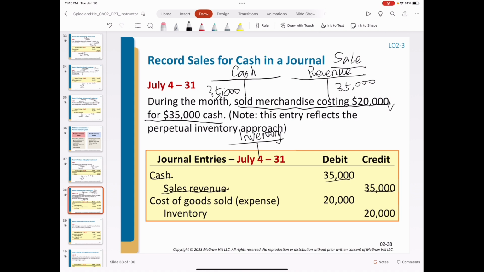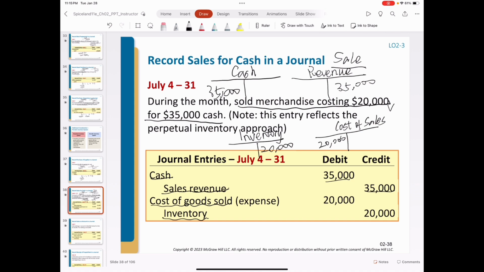Because of this sale, the inventory reduced, so the amount is $20,000 credit, while the company will recognize cost of sales or cost of goods sold expense, we debit $20,000. For the journal entry, we debit cost of sales expense and credit inventory.